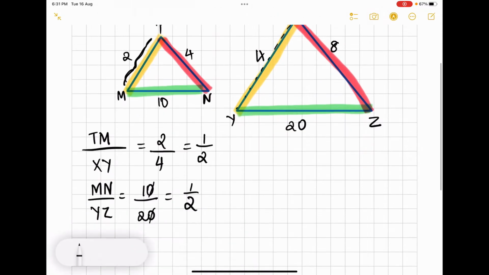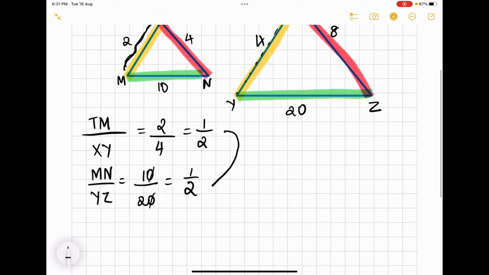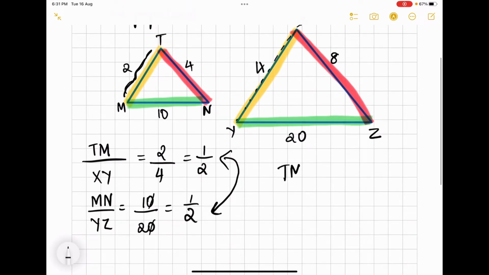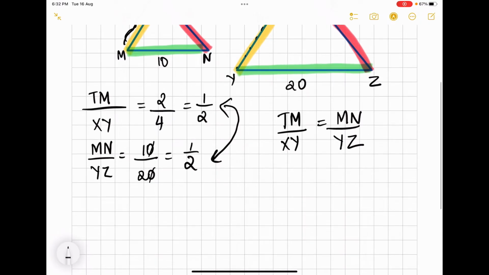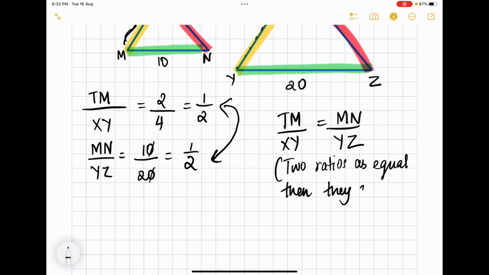As you find that out, we also observe that these two we are getting as equal. We are getting TM divided by XY is equal to MN divided by YZ. So when we get two ratios as equal, then they are proportional.